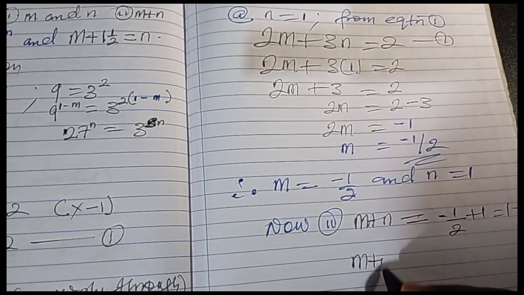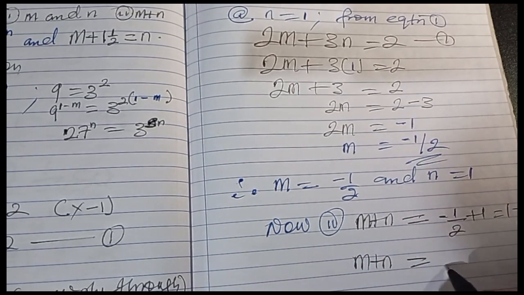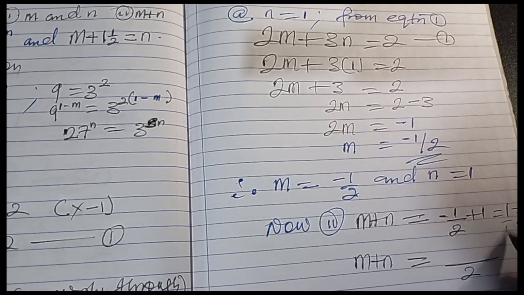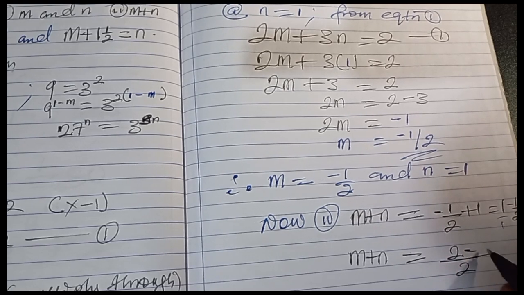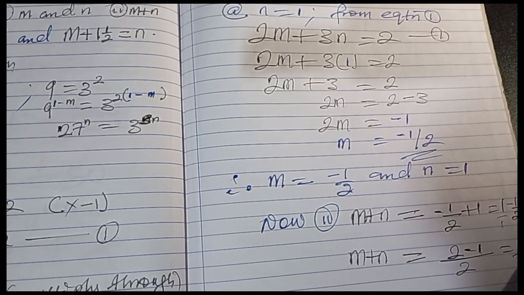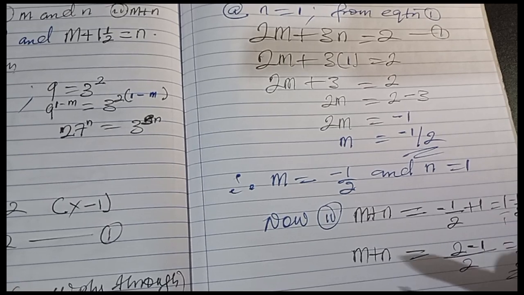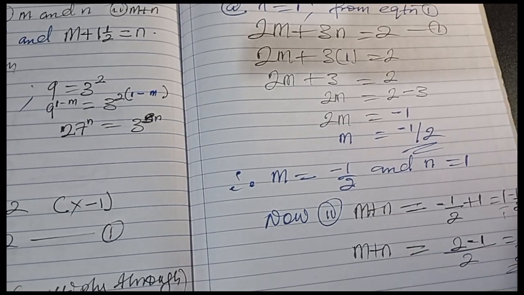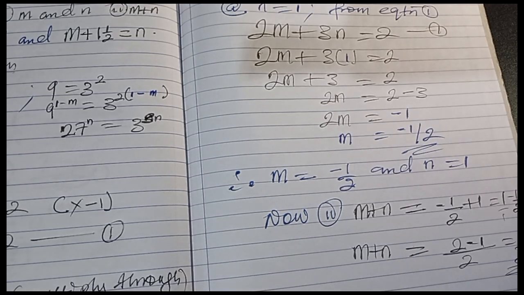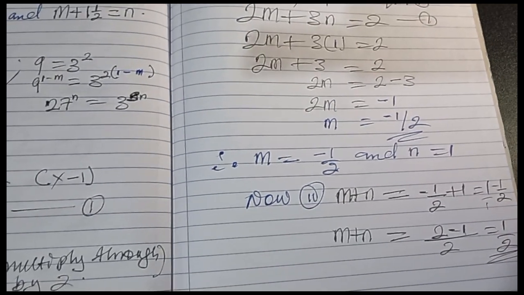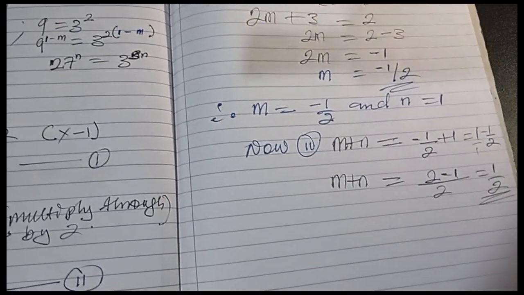So m plus n will give us, our LCM is 2 and the invisible one there. 2 divided by 1 is 2 times 1, we have 2 minus this 1. So we have 1 over 2. Okay? So m plus n is 1 over 2, while m is minus 1 over 2, and n is equal to 1. Okay? Now, let's solve number 2.